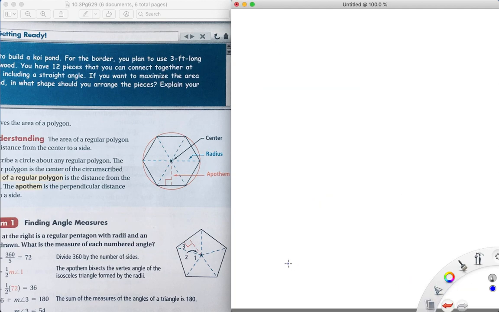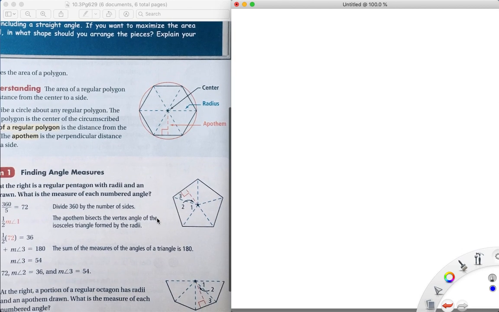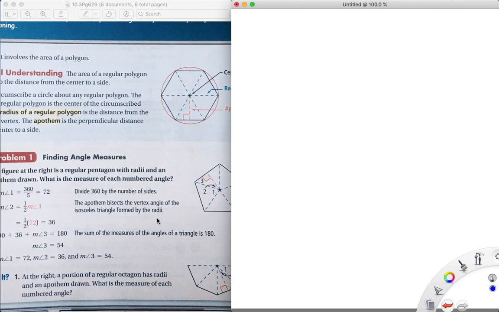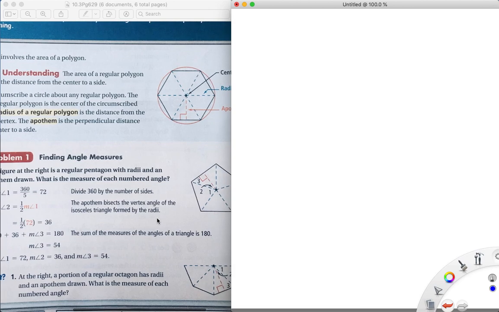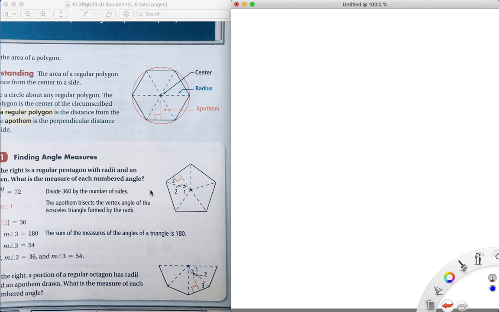Okay, so the first example that the book gives is this regular polygon. In this case, it has 1, 2, 3, 4, 5 sides. So this is a regular pentagon. And we have a bunch of angles. I'm going to break it up for a second into a triangle.